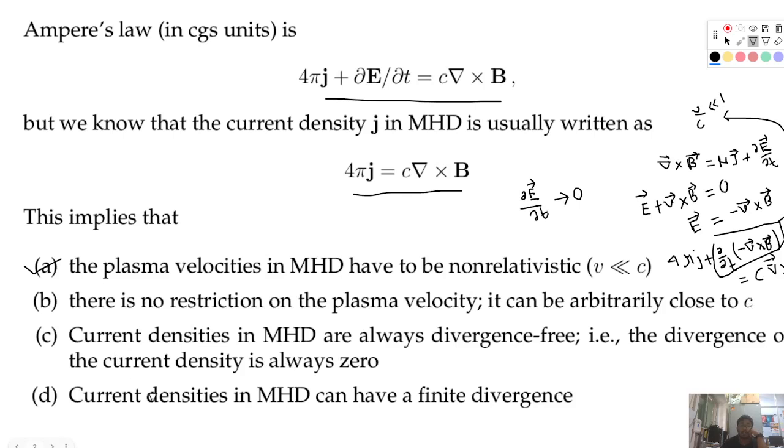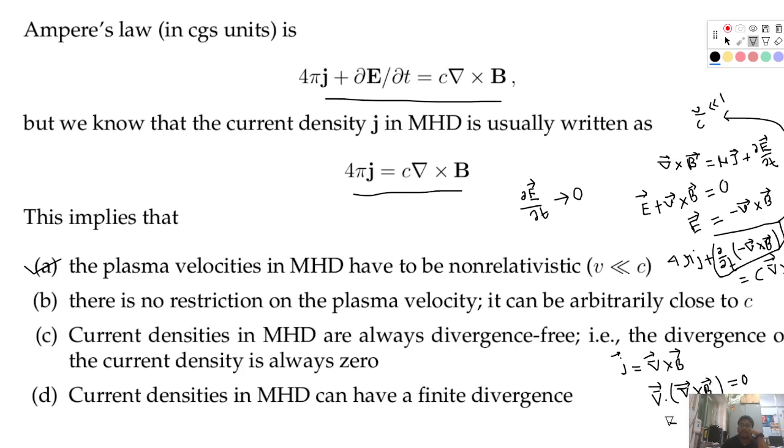Now look at the third and fourth options. Current densities in MHD are always divergence free, that is, the divergence of current density is always 0. Now, J is proportional to curl of B; in CGS it is c by 4 pi times curl of B, but those are constants. So J depends upon curl of B. If we remember our vector identity, for any vector, say B, the divergence of its curl is 0.